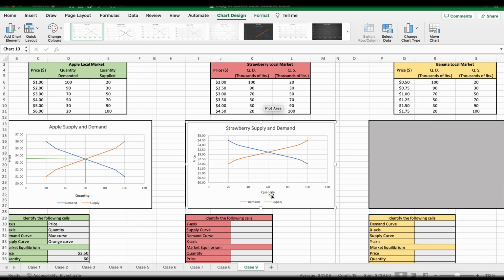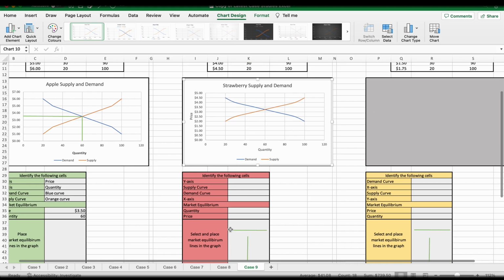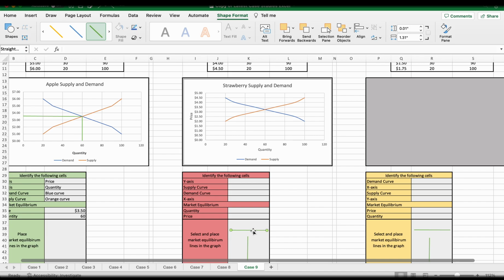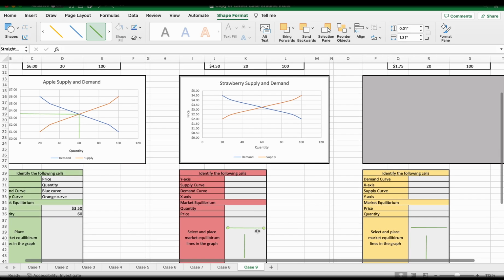Okay, now we're done with this, and the only thing we're missing will be the line. Grab both of these green lines and insert them as the market equilibrium. I'm going to hit my line, and then bring it over. If you see, it's going to disappear once you move it to the graph. It has to be floated on top.